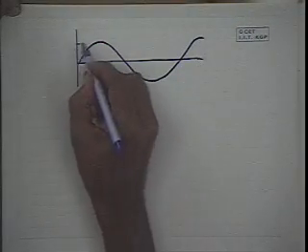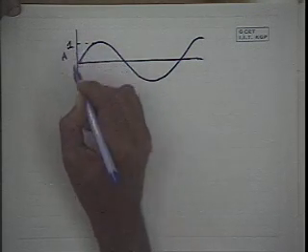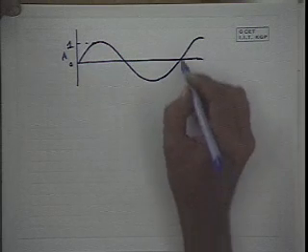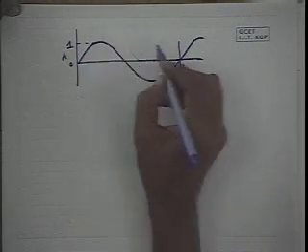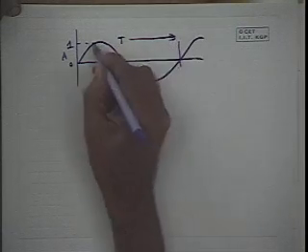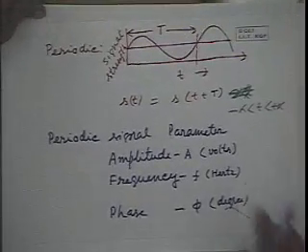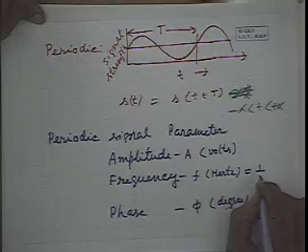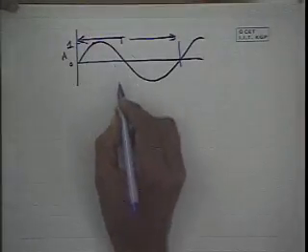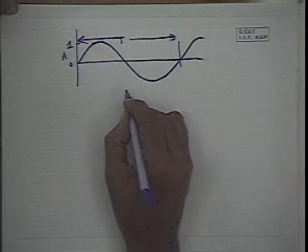Now here this is A, say it is 1 volt, 0 to 1 volt, and this is the time period T, and this time period is related to frequency in this way. Frequency f is equal to 1 by T. This time T, it is time.